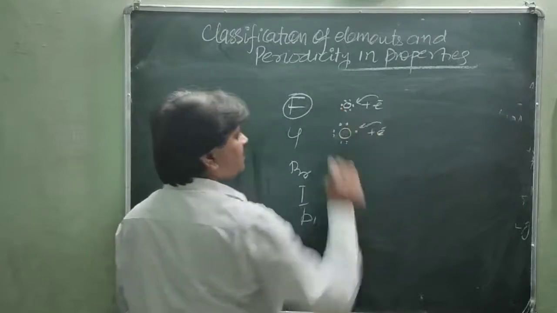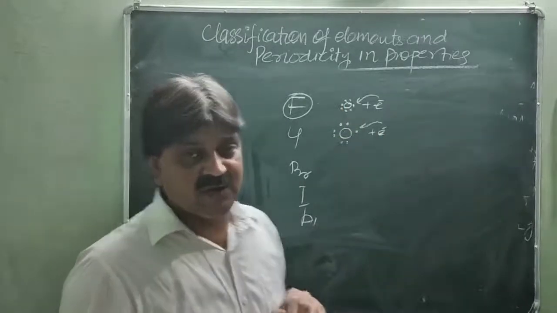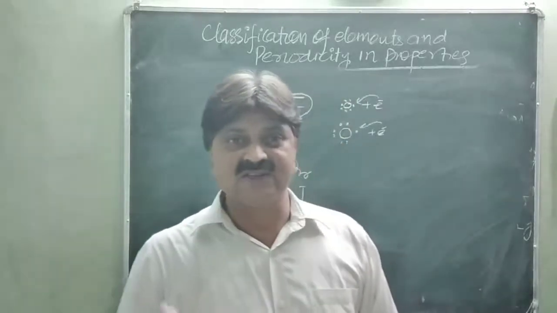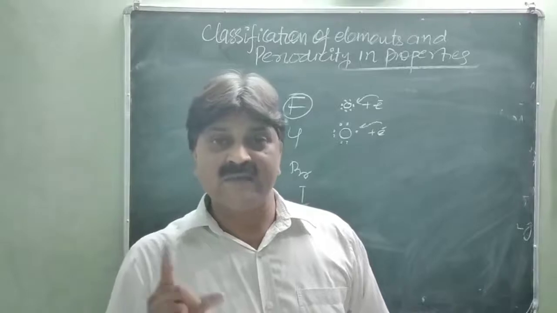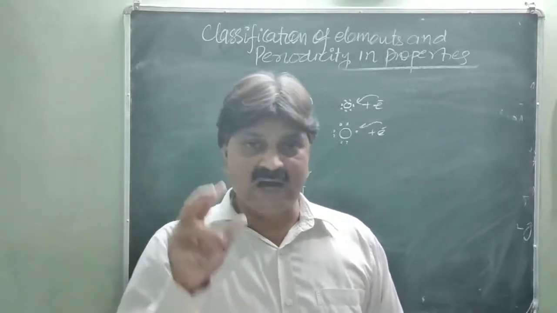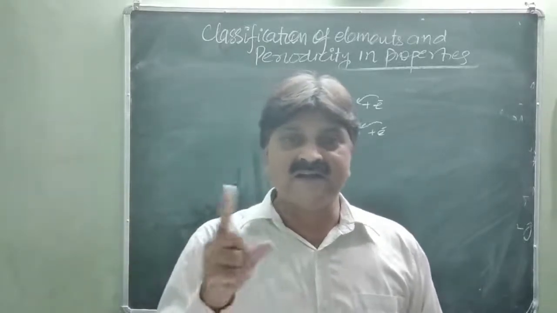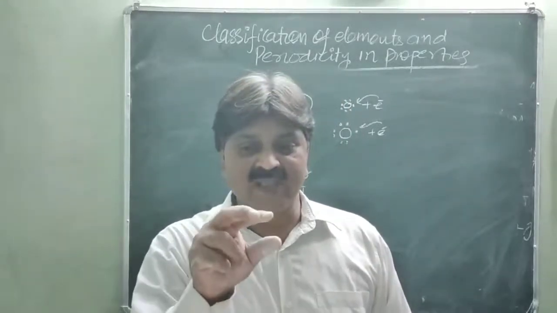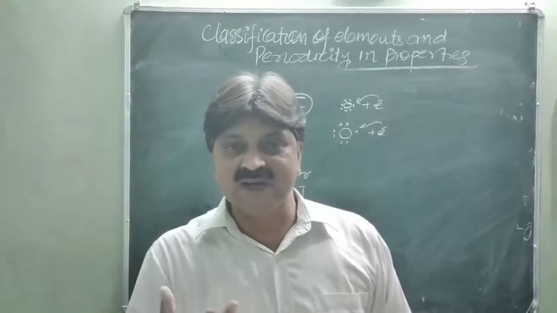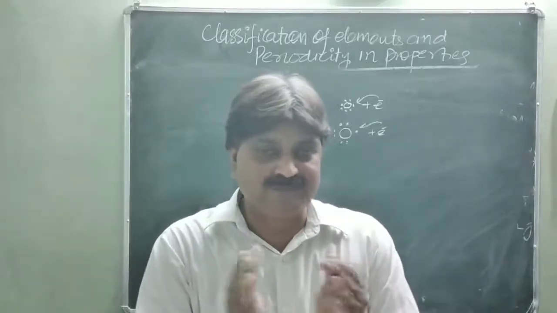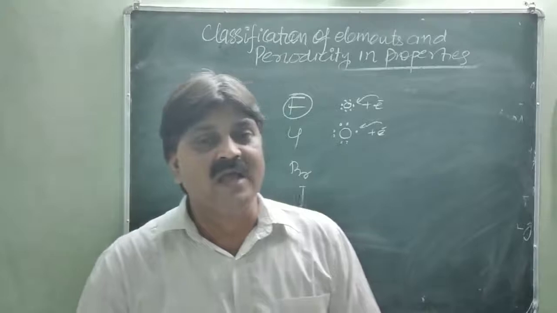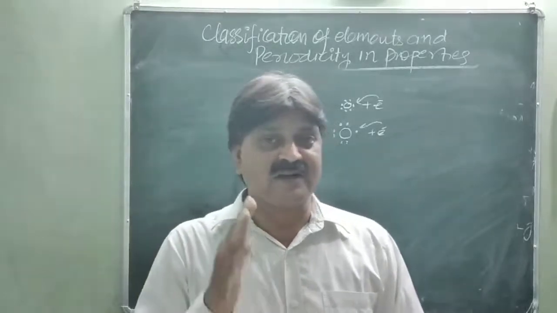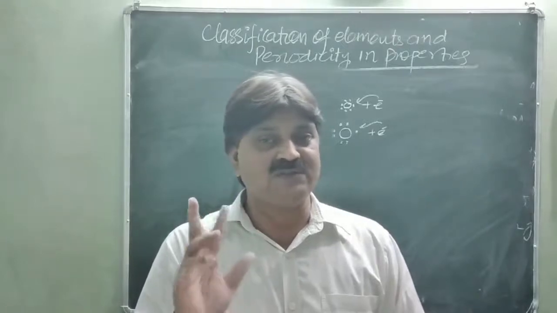So due to the bigger size of chlorine, it has a higher electron gain enthalpy than fluorine. Fluorine has a lower electron gain enthalpy because of the smaller size, with inter-electronic repulsion already present. Because the electrons are very close to each other and have the same charge, the repulsion already exists in fluorine, and when you add one more electron, it does not accept the electron easily, although it requires one electron to achieve the stable structure.